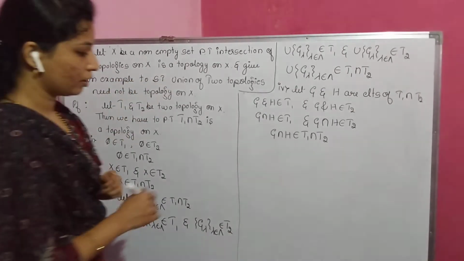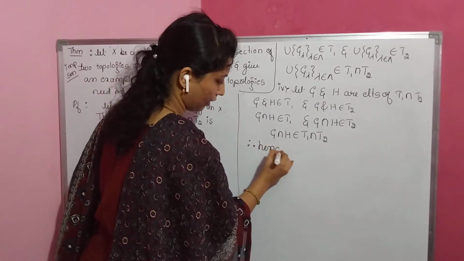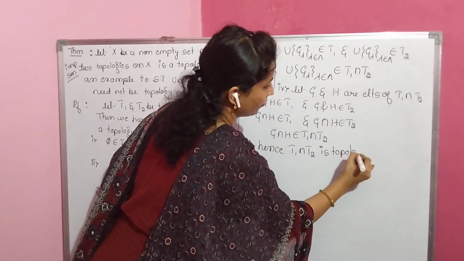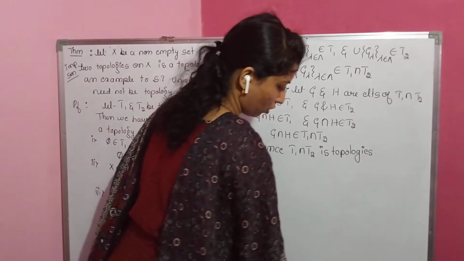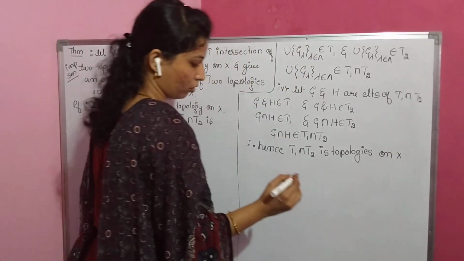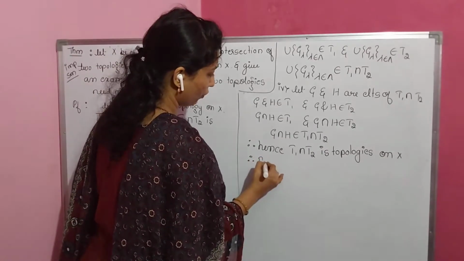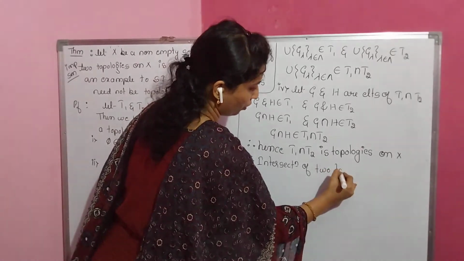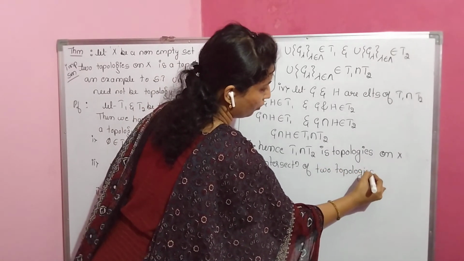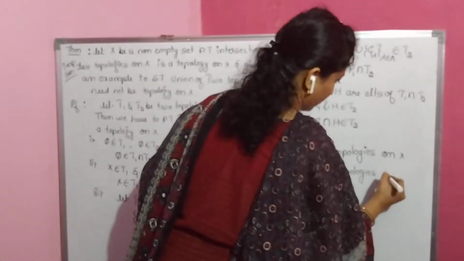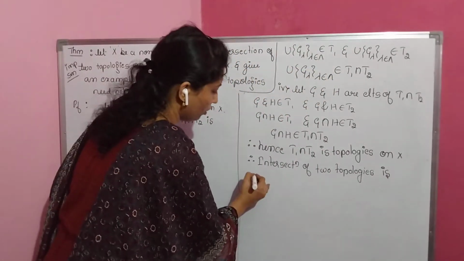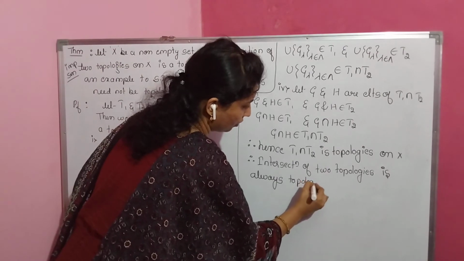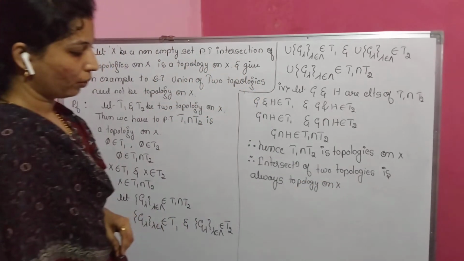is a topology on X. Therefore, we write here, hence T1 intersection T2 is a topology on X. Therefore, the intersection of two topologies is always a topology on X. Okay.